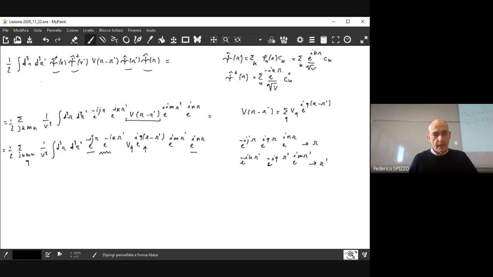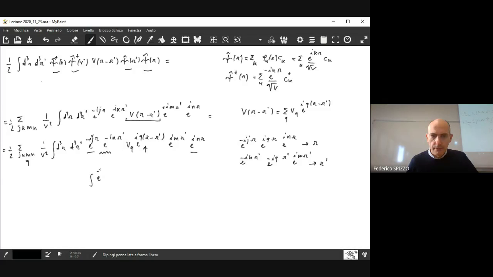V of q is just a coefficient if we consider the integral over d3r and the integral over d3r prime. So when we make those integrals, we may just concentrate on the phases.